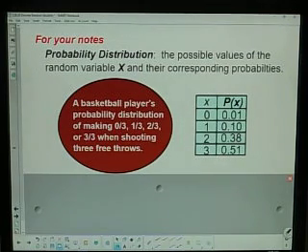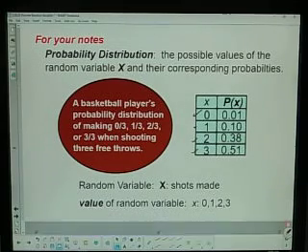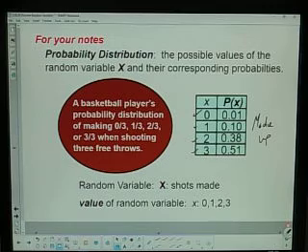When you're shooting on the foul line, at most you're going to shoot 3. The probability of making none of them, making 1, making 2, or making 3 is determined by some player's data. This is just made up data, but it's made up based on what this player has shown in the past.